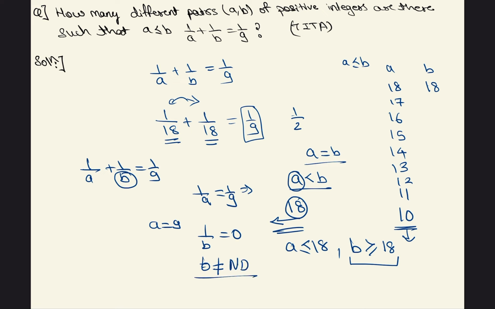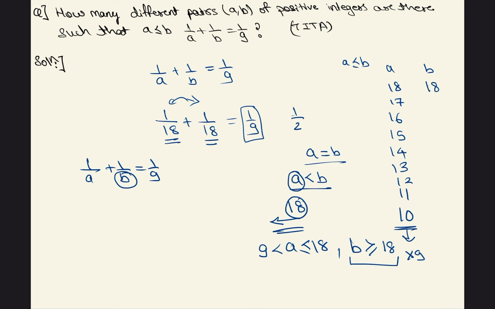This is not possible in any circumstance. Hence, a cannot take 9 or anything below that. So a is restricted to the range between 9 and 18. I hope this is clear.